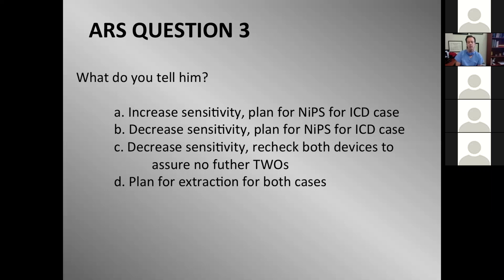Excellent. So this is a case of cyclical noise, and most of the time, cyclical noise has to do with oversensing of intrinsic cardiac events, such as T waves or QRS.